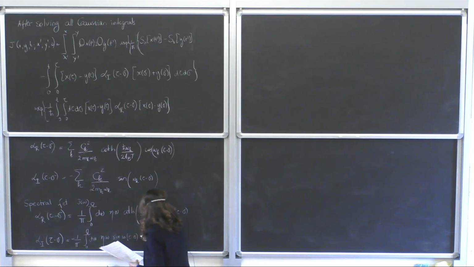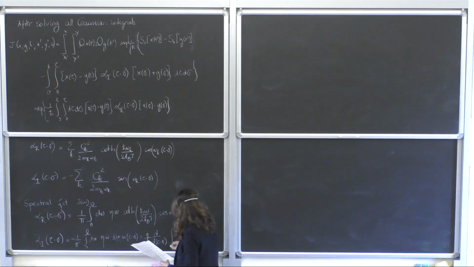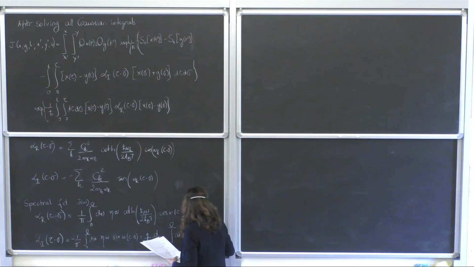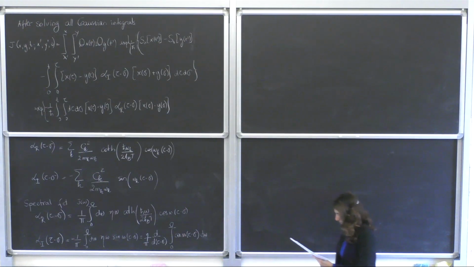And this can be written as eta over pi derivative with respect to tau minus sigma of the integral from 0 to omega of cosine of omega tau minus sigma d omega.